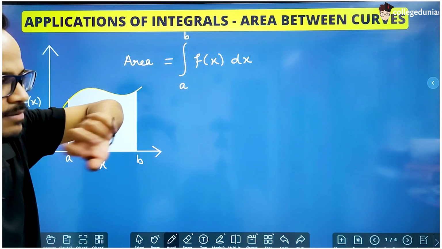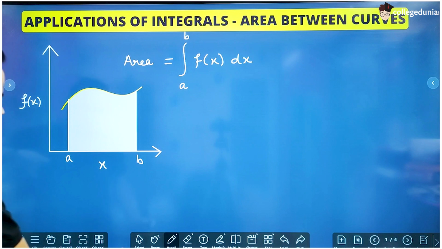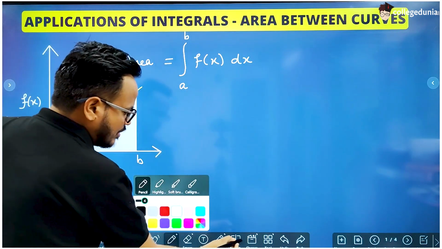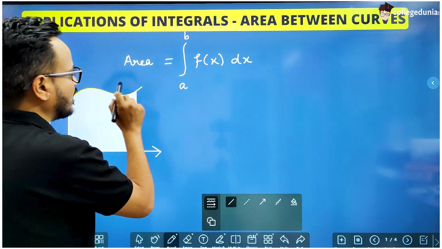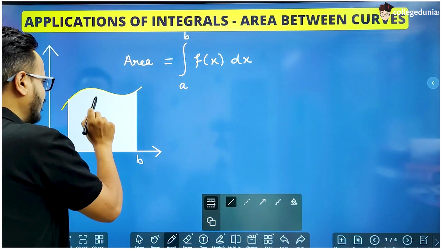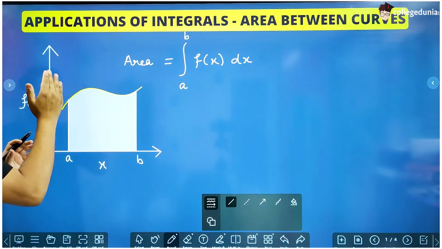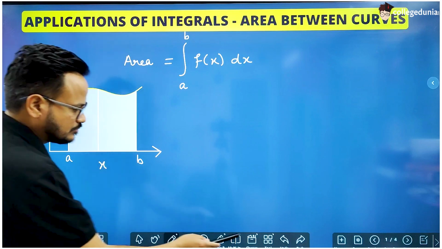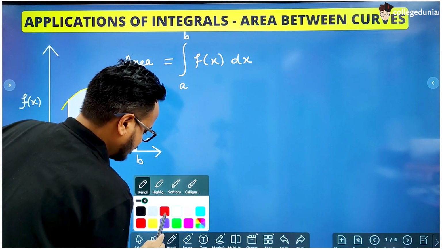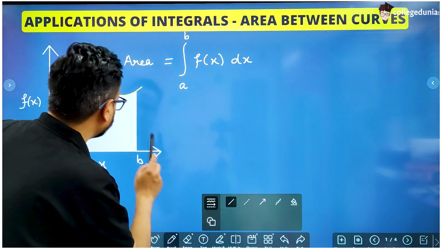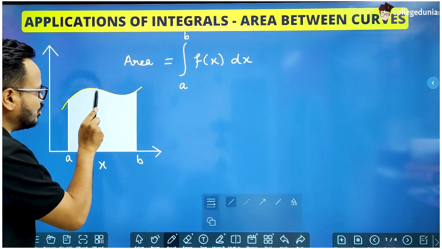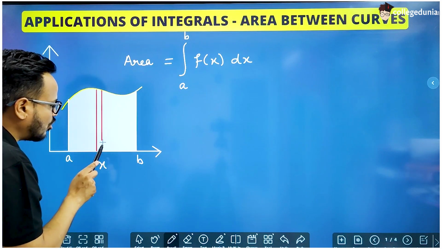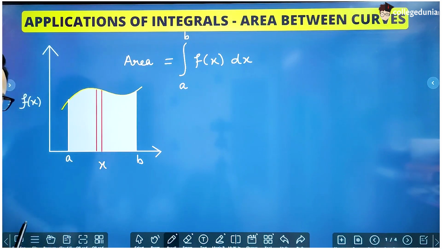We will take 2-3 examples and you will get to know the concept deeply, but let me first show you how it is coming, why this area is the integral of f(x) dx. Suppose we have very small areas, we have divided this whole area into very small rectangles, right?